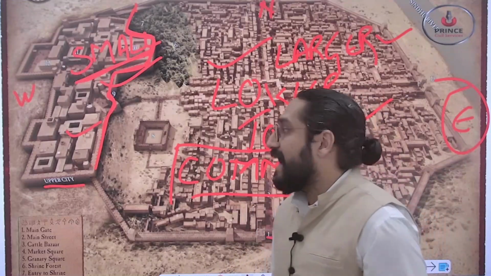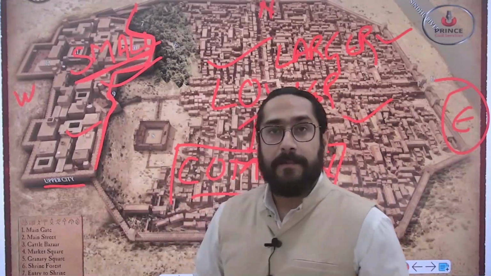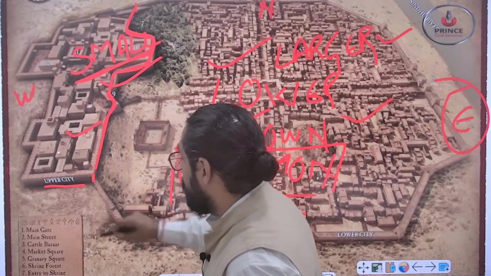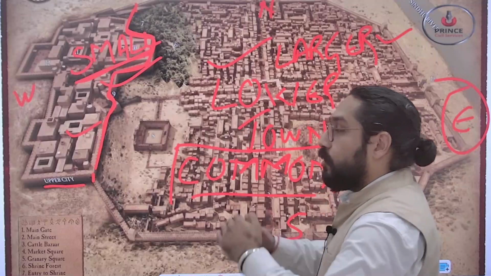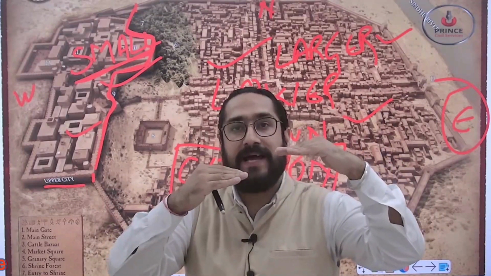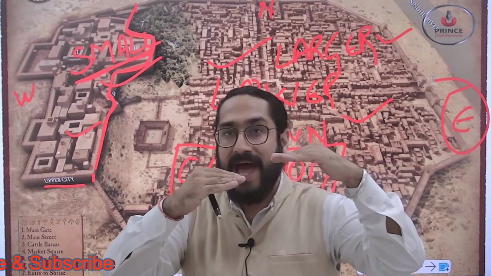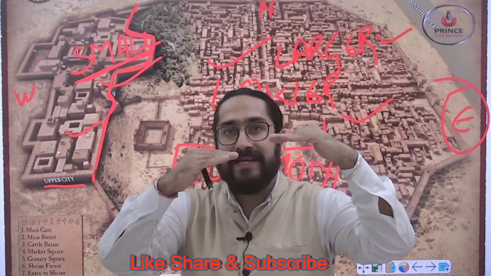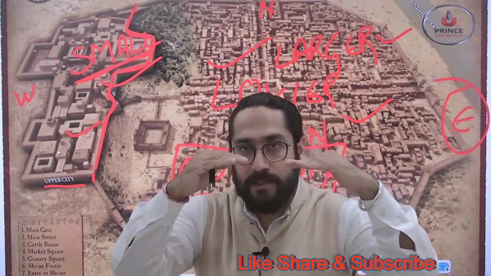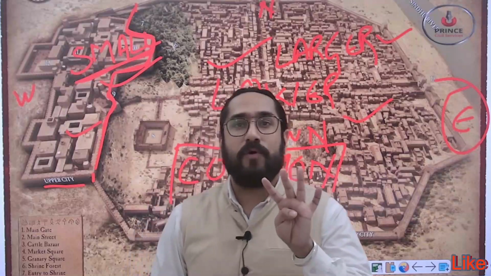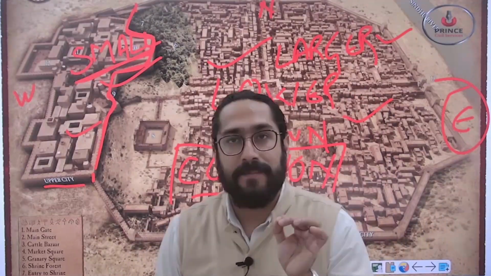Fourth difference is that the Citadel was built on a raised platform. So you can see the difference in the height. Citadel was comparatively on an elevated platform as compared to Lower Town. So you have Citadel, then lower in height, on a lower platform, you had your Lower Town. So these are the 4 differences which you need to remember.